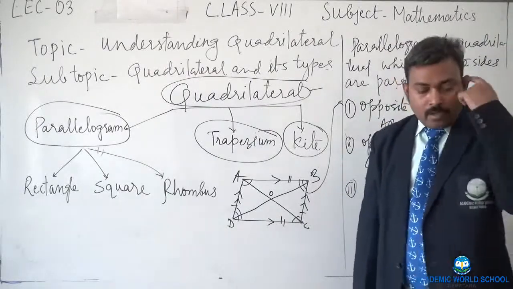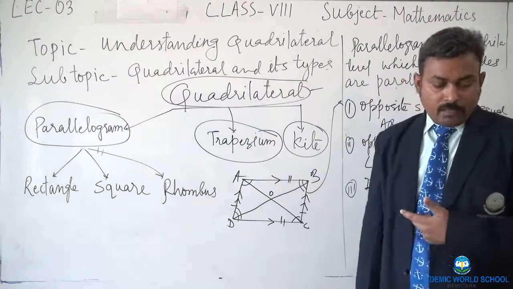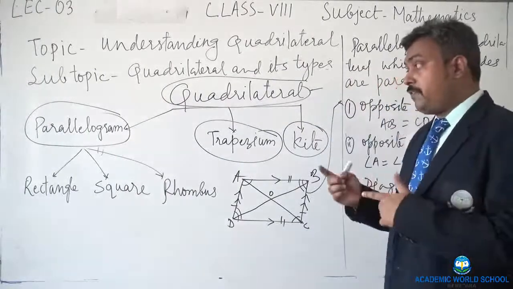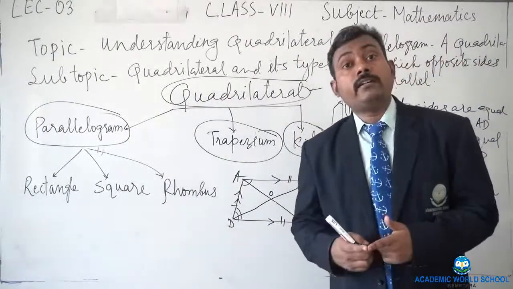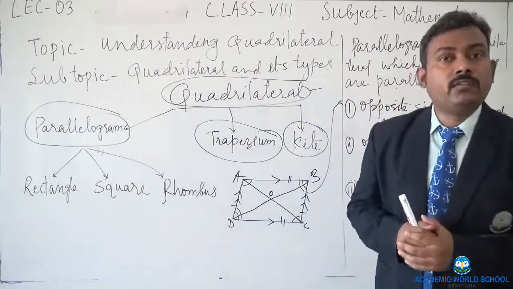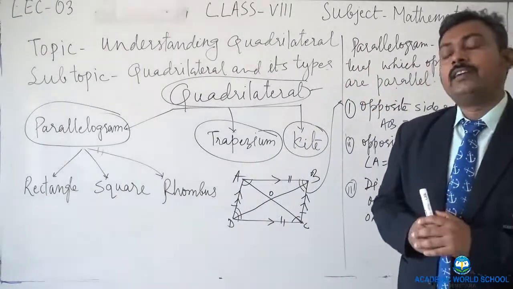Rectangle. From the definition, a rectangle is a parallelogram of which opposite sides are equal and one angle is 90 degrees.